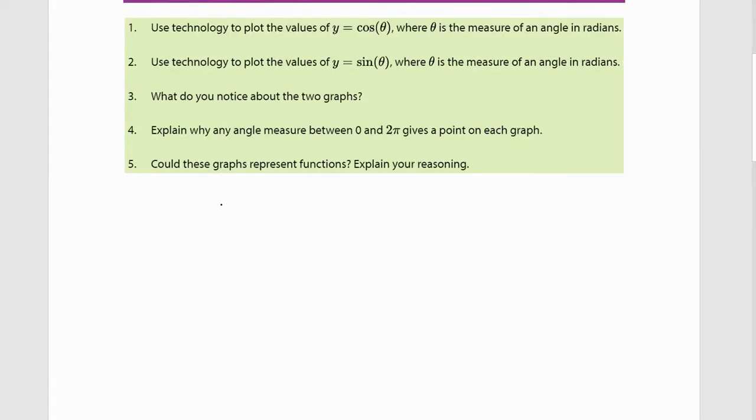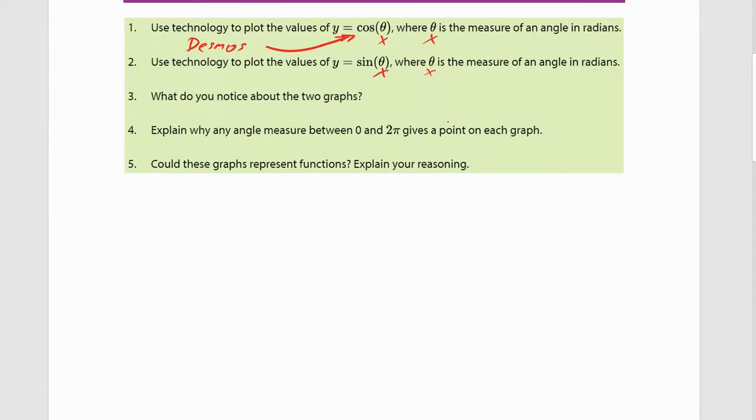So go ahead. You can use Desmos totally, and you can totally type this in. If you have issues with theta, you could also use x in Desmos, and you should get the graph for that. You could do the same thing as well for number 2, and you should see some waves, right?